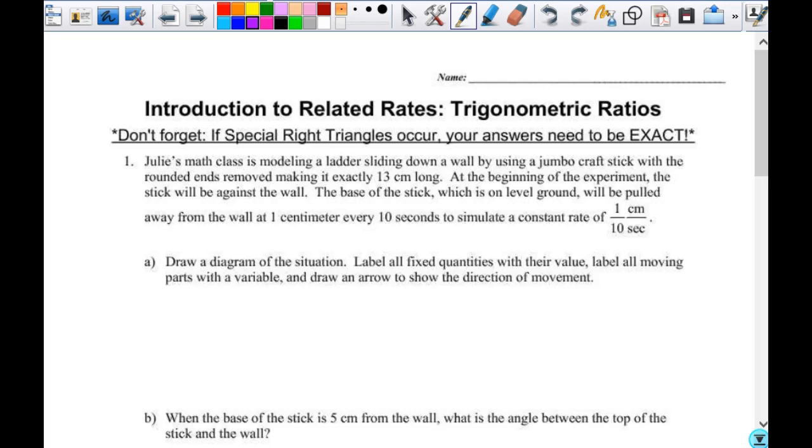It will always be that. It's fixed at that. It's something that doesn't change. So as this is sliding down the wall, there are things that are changing and things that are not changing. The things that are not changing are the fixed quantities, and they need to be labeled with their value. Then we label all moving parts with a variable and draw an arrow for the direction of movement.